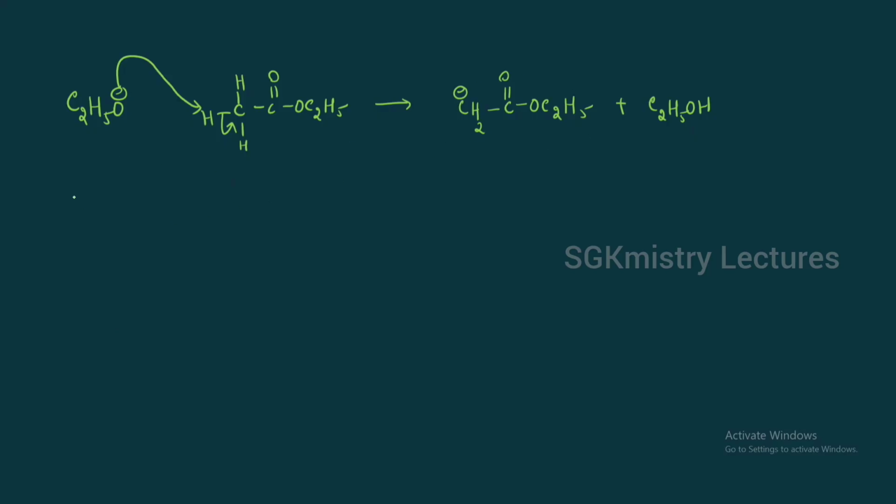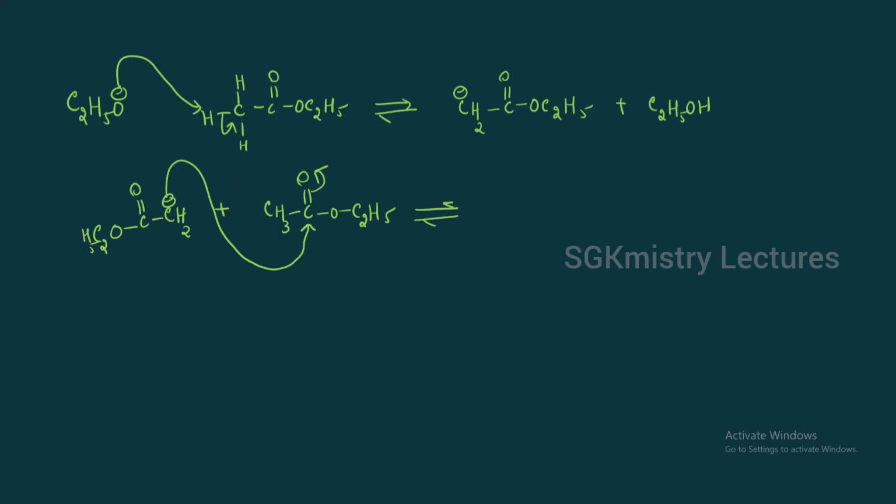Now this carbanion will attack another ester. Let me write it the other way around: CH2 minus C double bond O, OC2H5. Now I'm going to take another molecule of the ester, CH3COOC2H5. This minus charge, the carbanion, attacks the carbonyl carbon. This can shift here, somewhat similar to the mechanism we wrote for the aldol condensation.